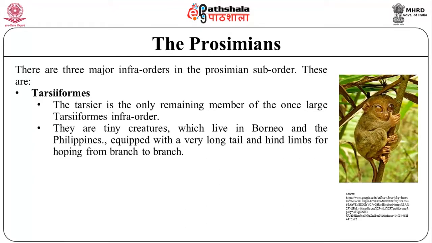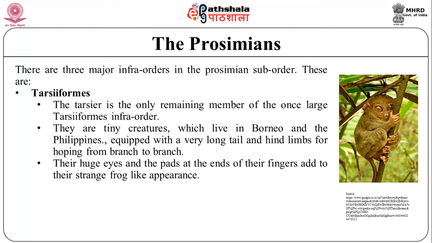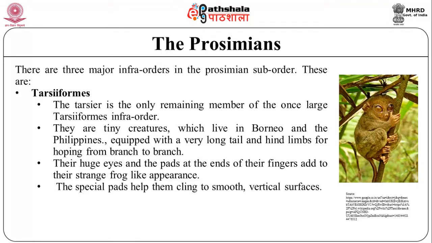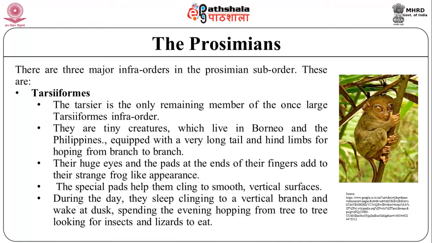These tiny creatures, which live in Borneo and the Philippines, are equipped with a very long tail and hind limbs for hopping from branch to branch. Their huge eyes and the pads at the ends of their fingers add to their strange frog-like appearance. The special pads help them cling to smooth vertical surfaces. During the day, they sleep clinging to a vertical branch.